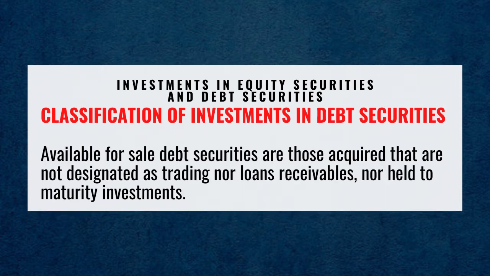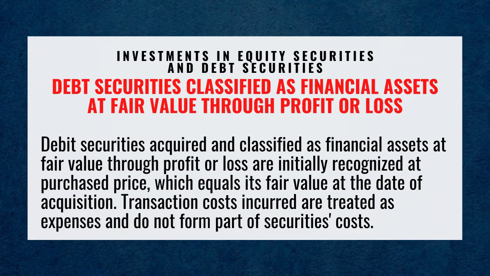Thus, the second criterion is presumed to have not been met by the entity. Available for sale debt securities are those acquired that are not designated as trading, nor loans receivables, nor held to maturity investments. Debt securities classified as financial assets at fair value through profit or loss. Debt securities acquired and classified as financial assets at fair value through profit or loss are initially recognized at purchase price, which equals its fair value at the date of acquisition.